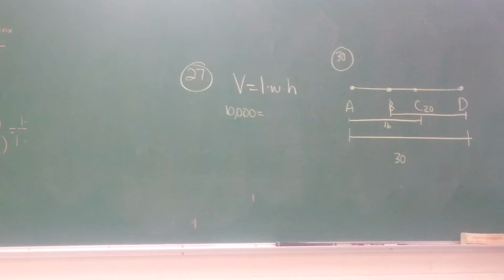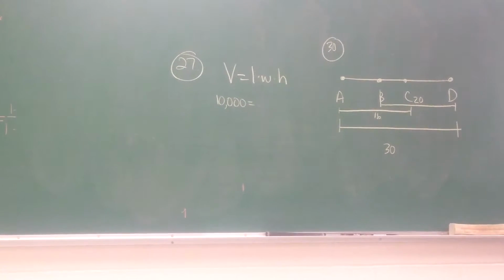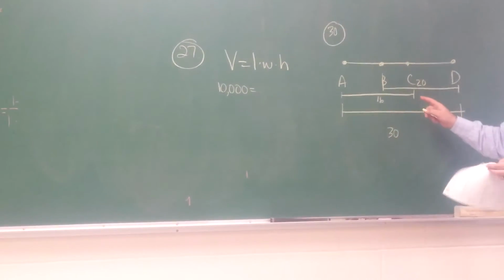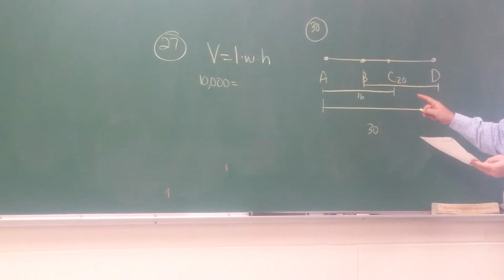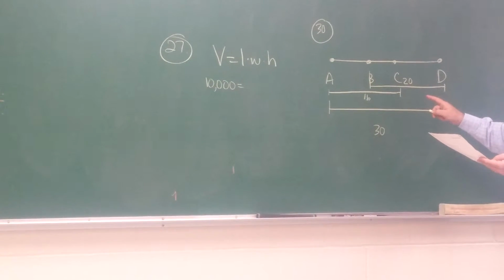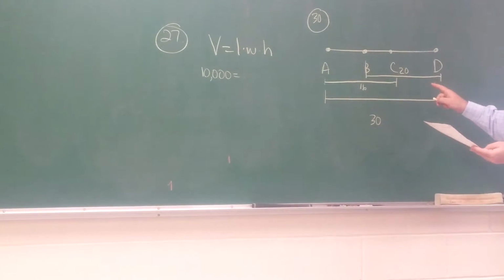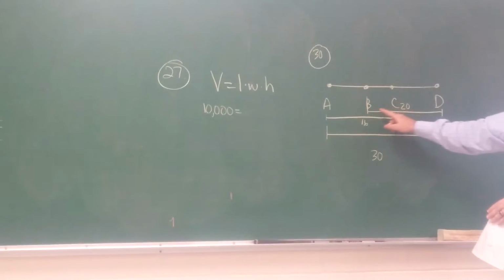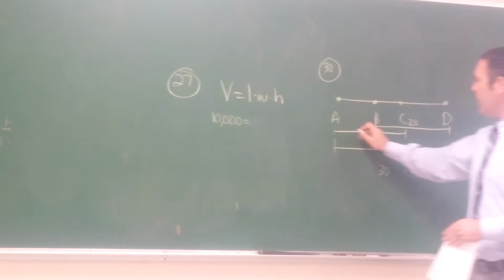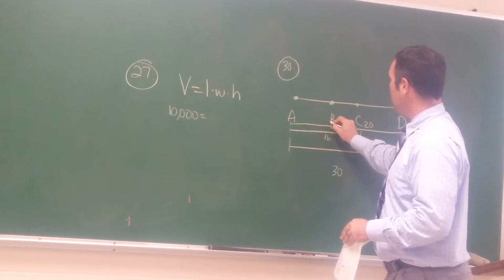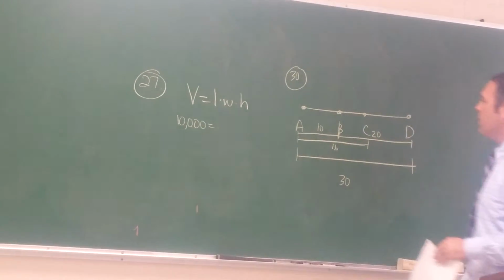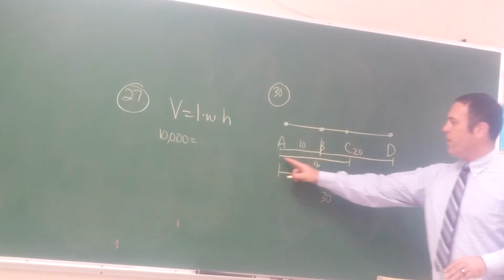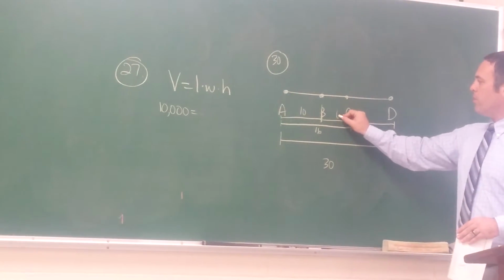How many, if it can be determined, is BC? Okay, so since this is 20 and the whole thing is 30, that means AB has to be 10. And from there to there is 16, so this would have to be 6.